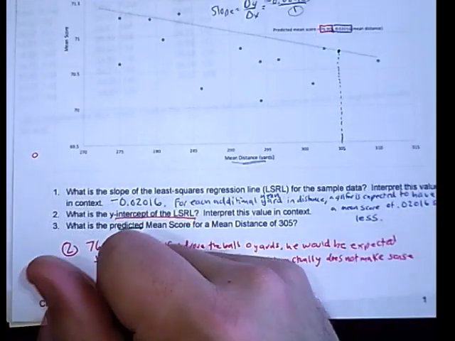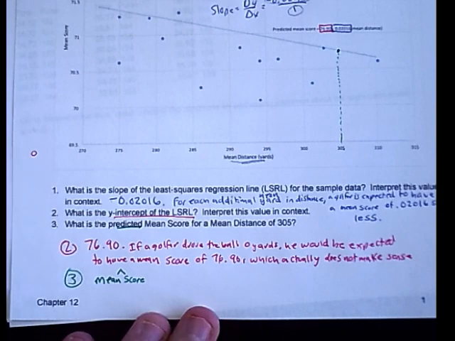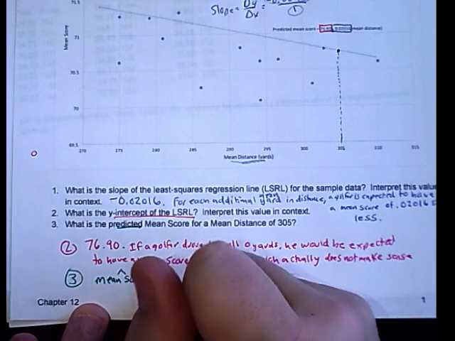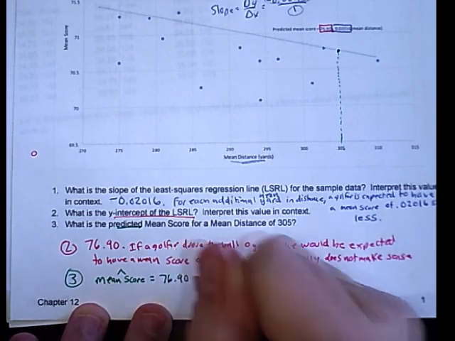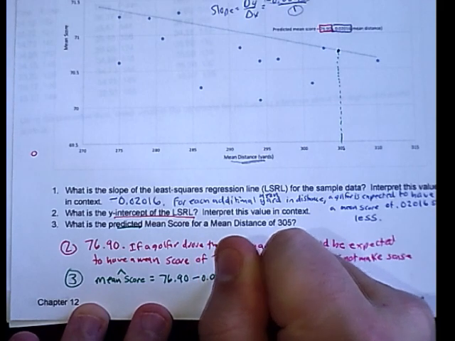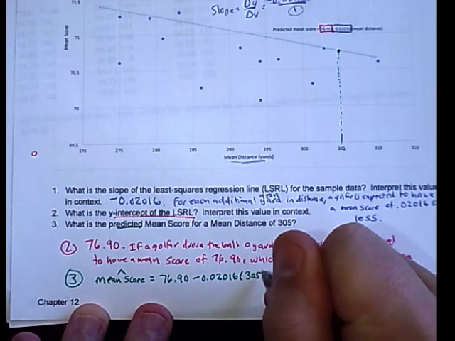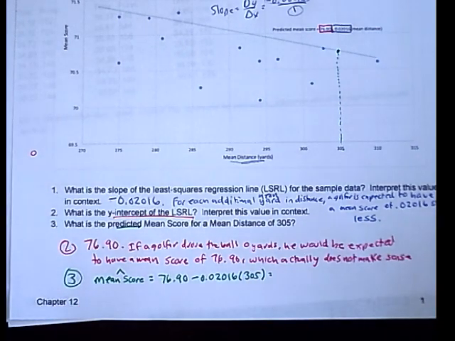So the predicted mean score, I would just follow the formula. I would take 76.90 minus 0.02016 times the 305.